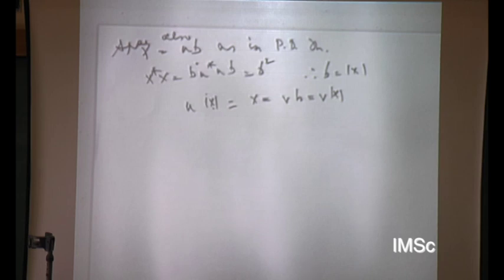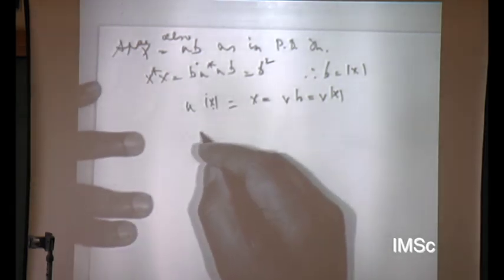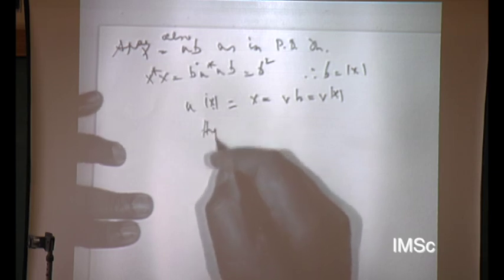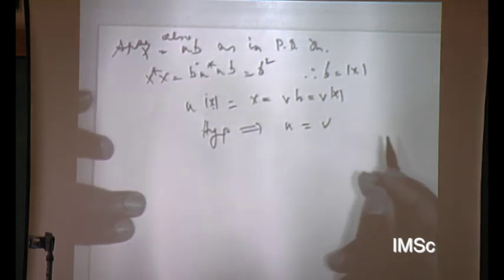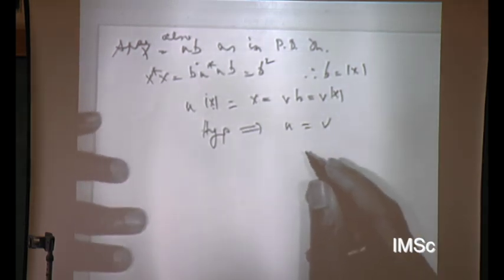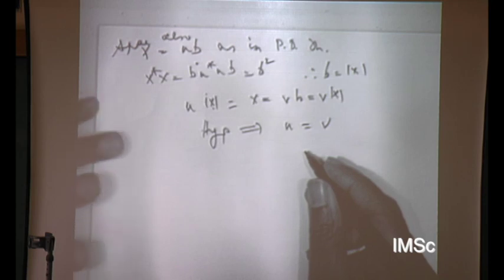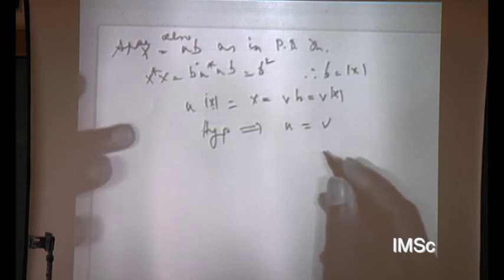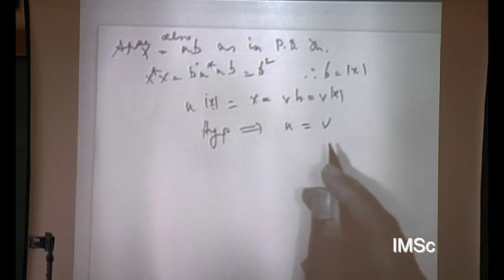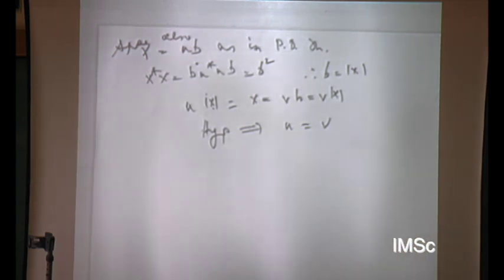And on the orthogonal complement of the range of mod x, u and v are both 0 by the assumption. Right? Therefore, the hypothesis implies that u must be equal to v. So we have proved the uniqueness in the polar decomposition.